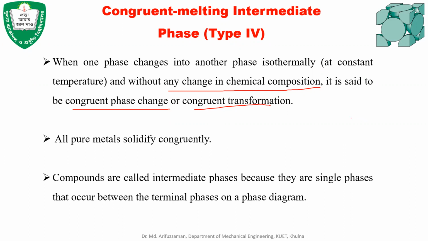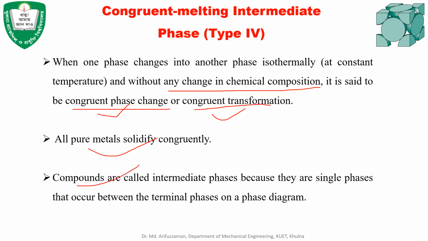Those changes are called congruent phase change, and the alloys are called congruent melting intermediate phase. And all pure metals solidify congruently. That means they do not change the chemical composition. And the eutectic mixture also doesn't. There's no chemical change.